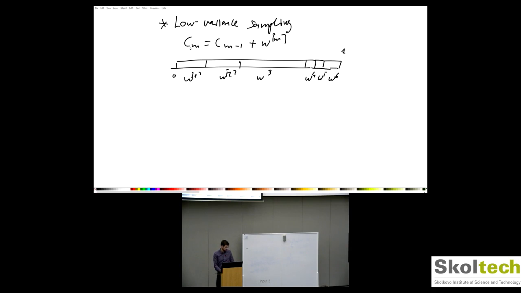And then one of the solutions to this problem is called low variance sampling. So we have an initial random condition, and then we sample at fixed intervals, right? Or let's say that we add particles at fixed intervals.